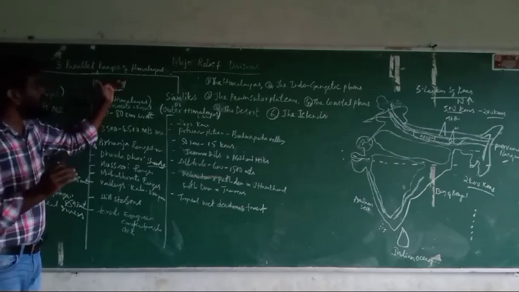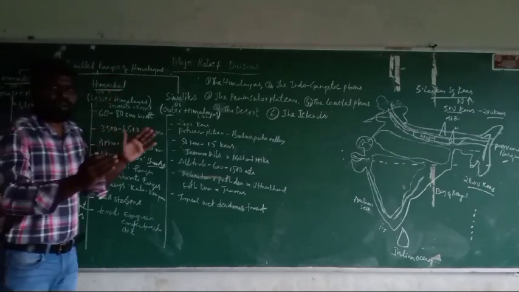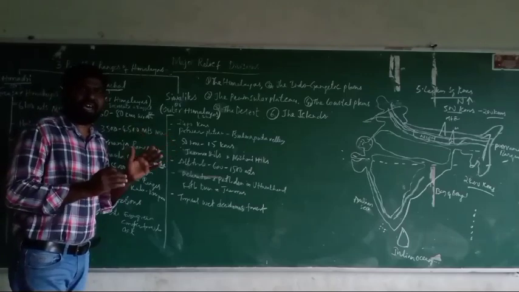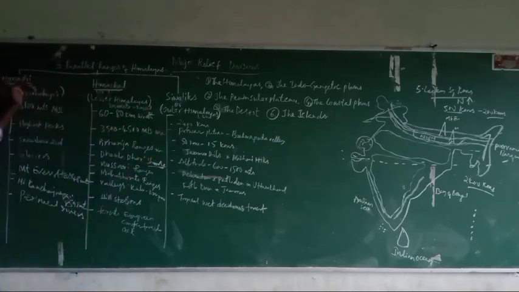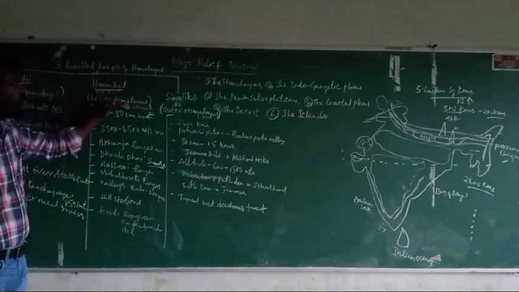These three parallel ranges are separated by valleys and plateaus. The highest range is Himadri or Greater Himalayas. To the south of this Himadri is Himachal or Lesser Himalayas.